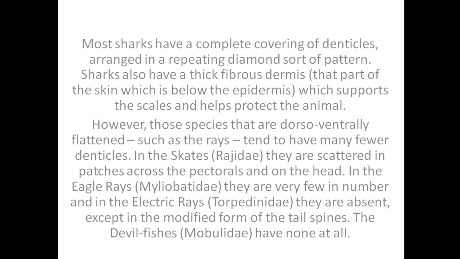For example, in the family Rajidae, the scales are scattered in patches across the pectorals and even on the head. In the eagle ray, they are very few in number. In the electric ray, they are absent.